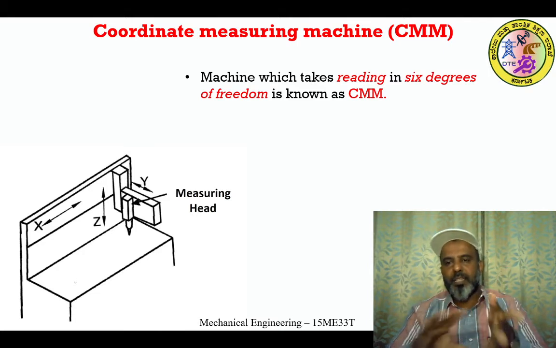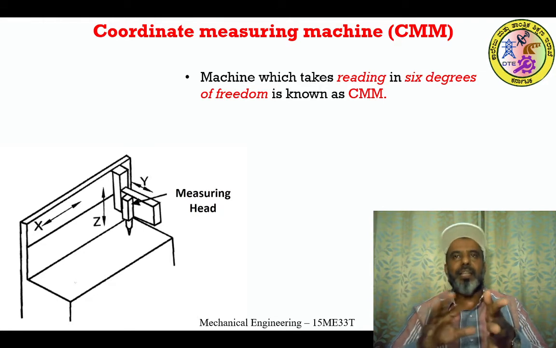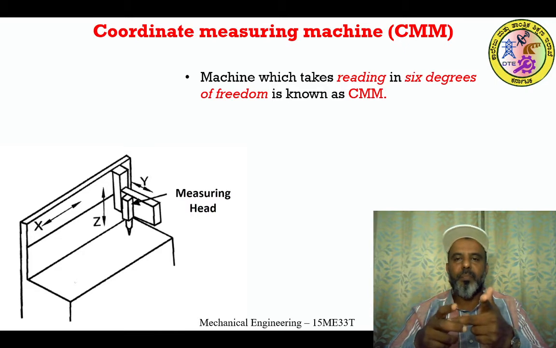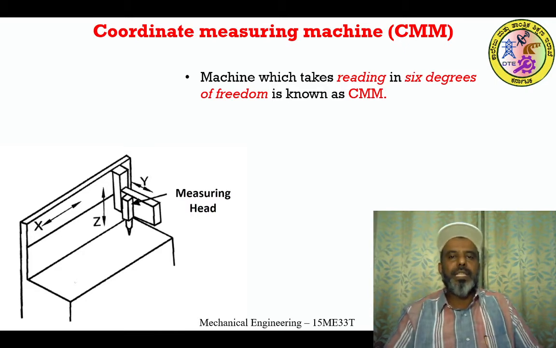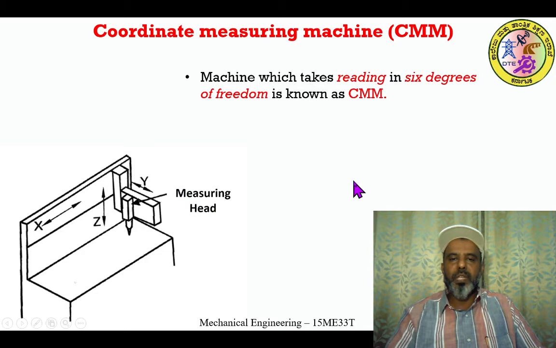This may be a difference in classifying the degrees of freedom, and generally a CMM has 6 degrees of freedom, and hence this is known as CMM, the coordinate measuring machine.